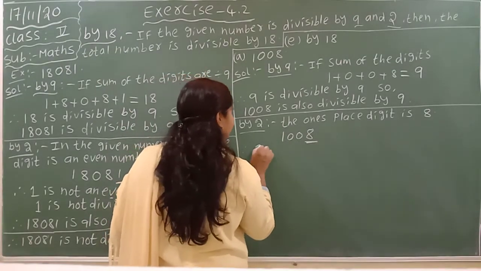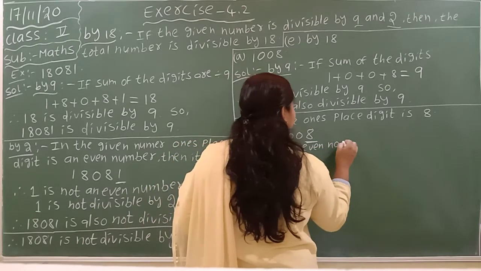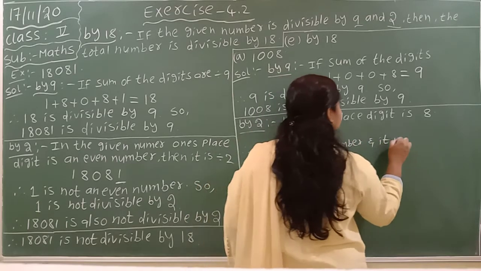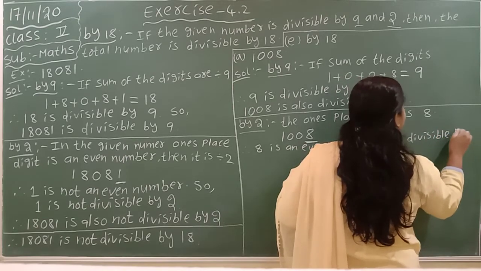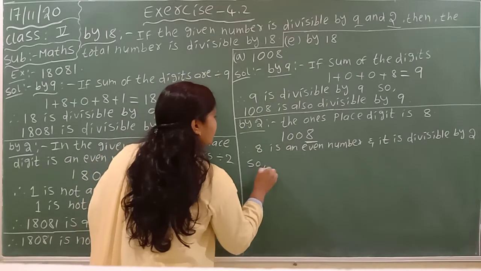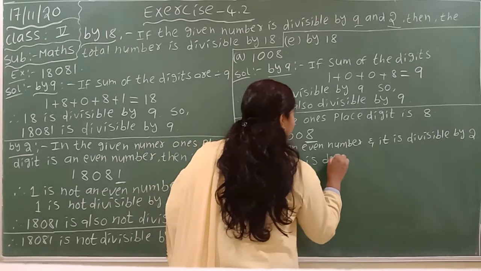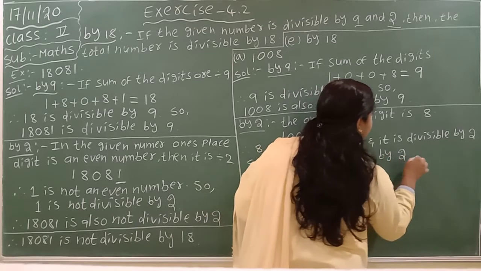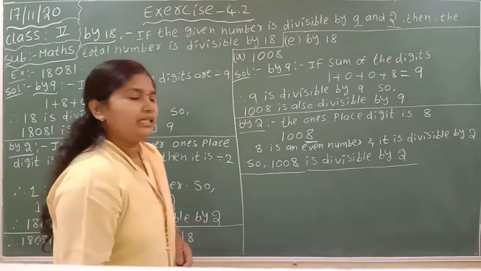Therefore, 8 is an even number and it is divisible by 2. So the total number 1008 is divisible by 2.